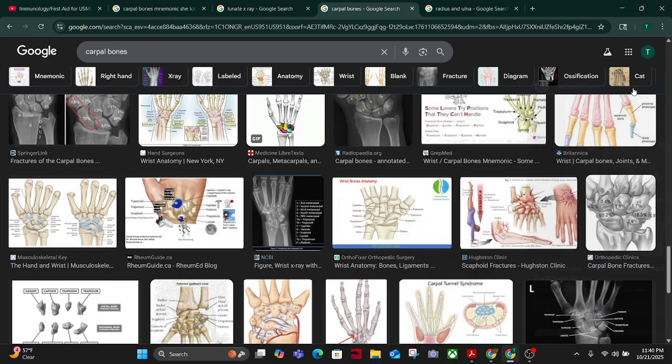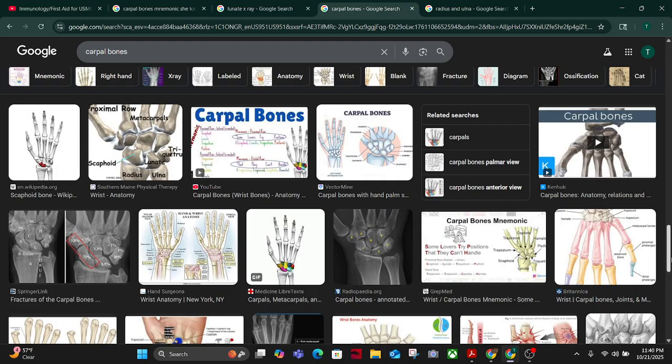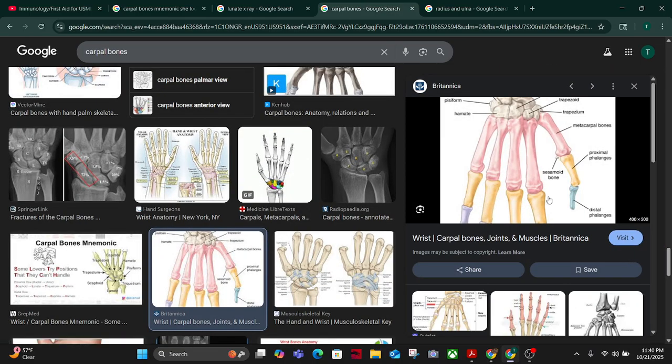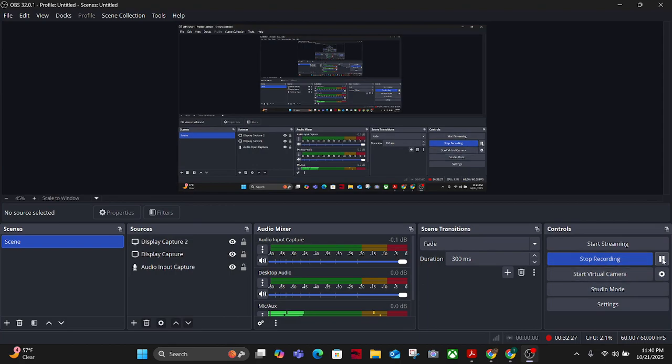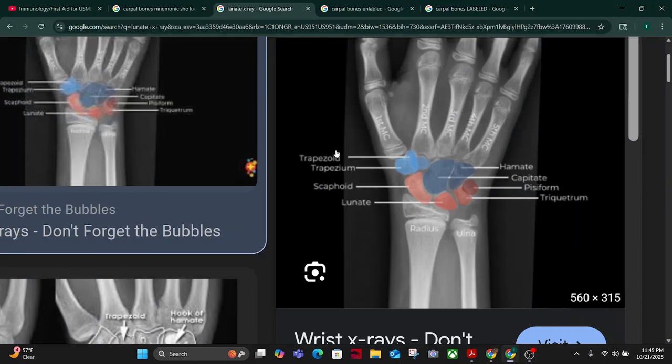Okay, now if they flip it, you have to know this. This big fat bone is the scaphoid.